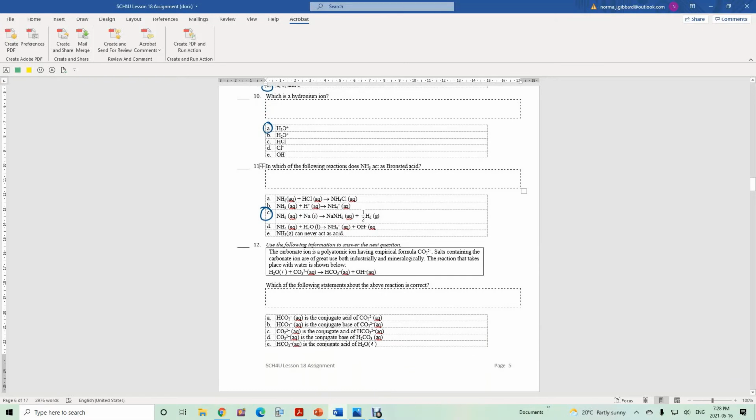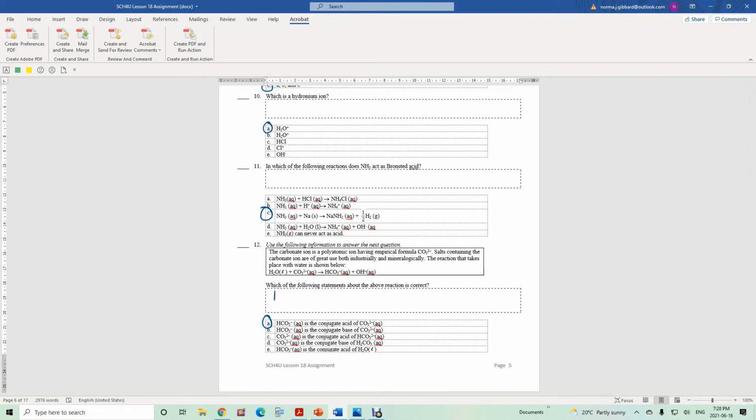Okay, number 12. Which of the following statements about the above reaction is correct? And the answer for that is A, HCO3 minus. Let me just make this box a bit bigger.